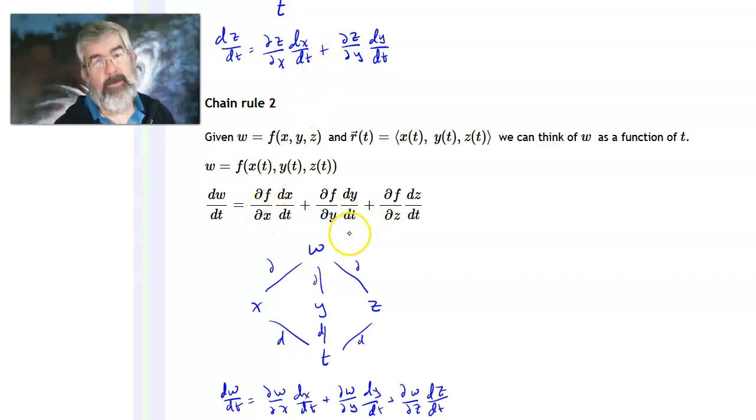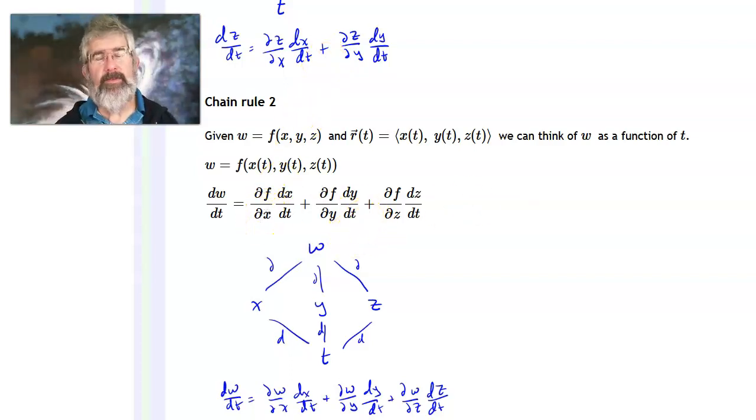But one more variable. I think of this geometrically now, instead of an altitude function, I think of this as a temperature function, right? The space curve here, the vector function, is describing a curve in space, right?